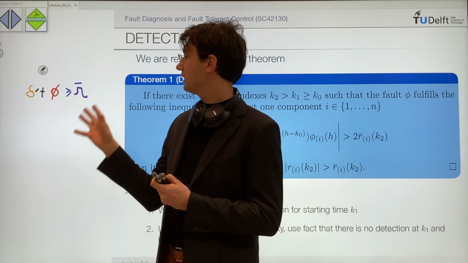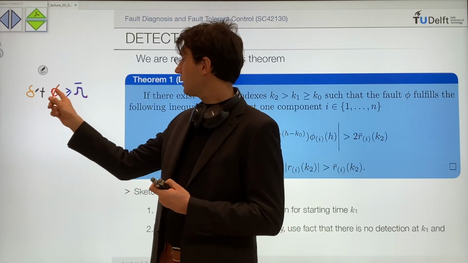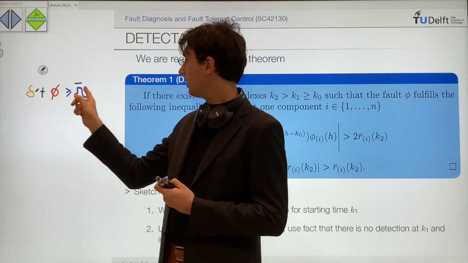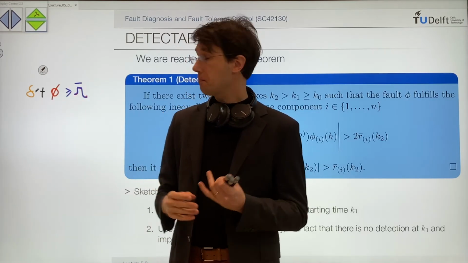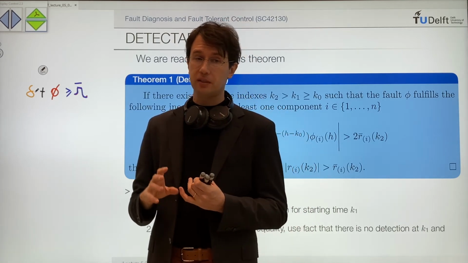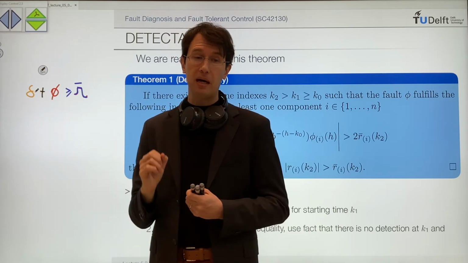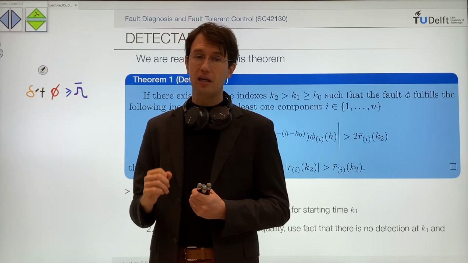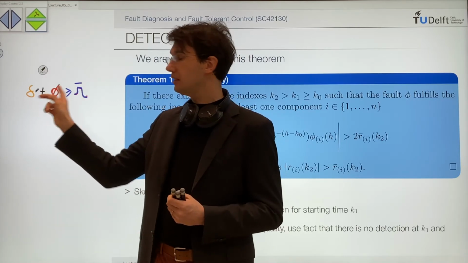So the intuitive idea is that if this one is at least twice what you have on the right, you can cross it. Why? Well, because let us think the worst case first. In the worst case, this is causing the maximum possible uncertainty on the negative side, and this is positive.